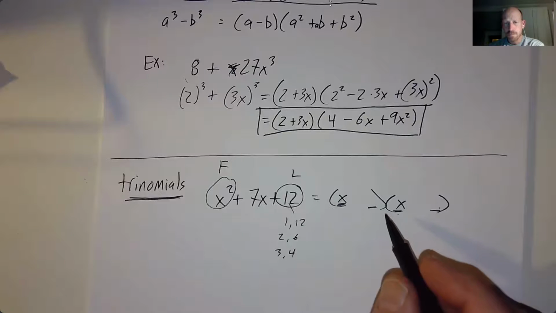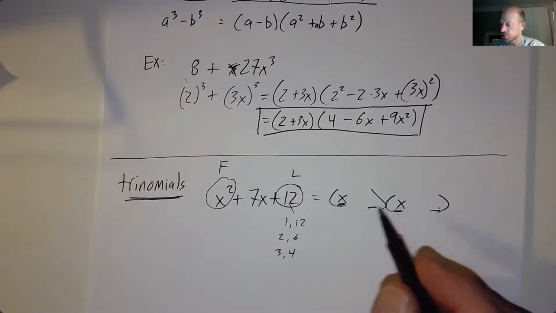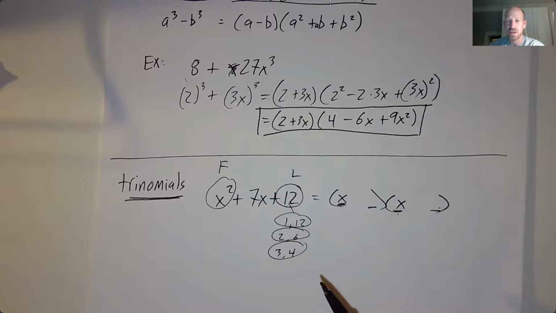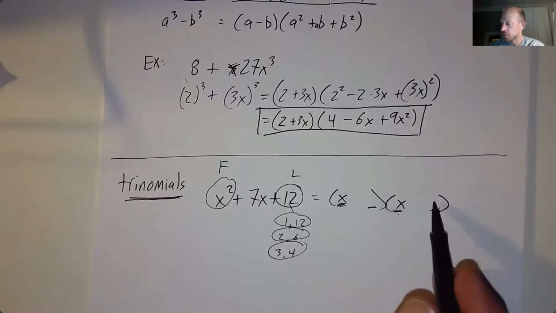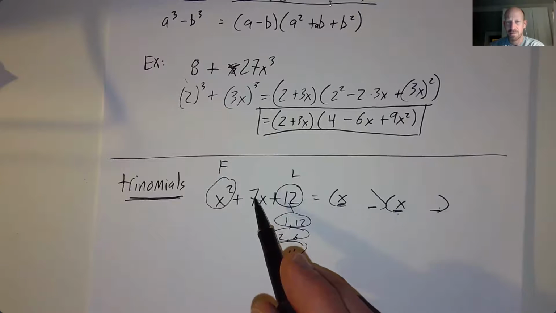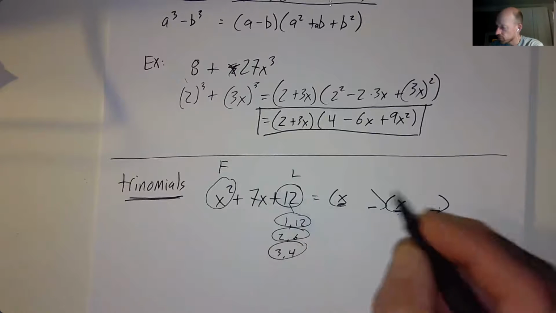So one strategy is to just pick each of these three pairs and see if, when I put one of those pairs in and FOIL it together, I get this 7x in the middle. So let's just see how it works here.